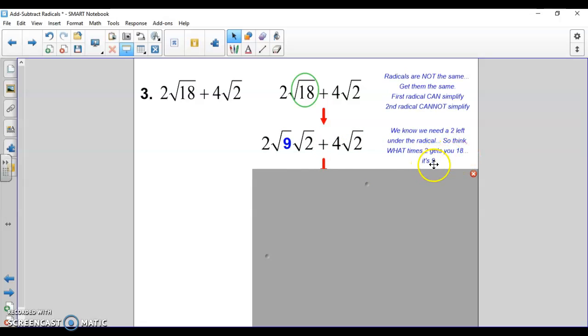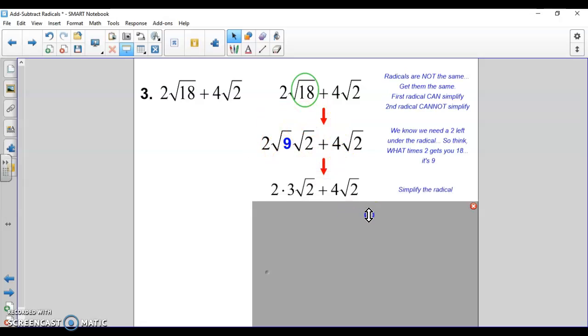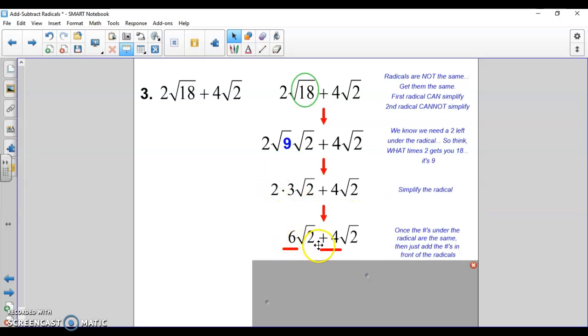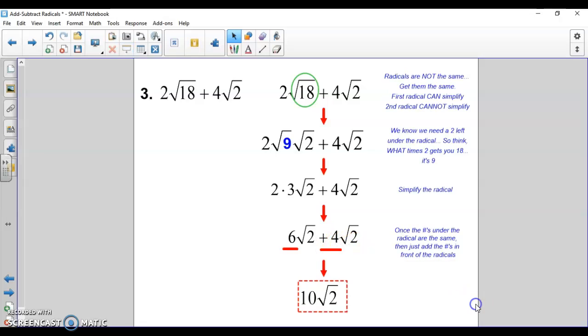Well, it's 9. 9 is a perfect square. This is what we did last week. Square root of 9 is 3. So we have 2 times 3, which becomes 6. 6 radical 2 plus 4 radical 2, we get 10 radical 2. Alright, I have some notes down the side of basically what I'm saying to you anyways.